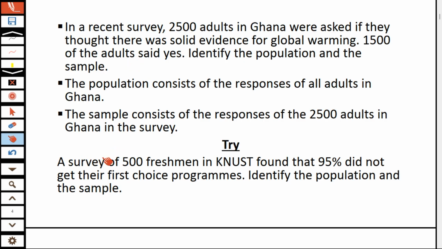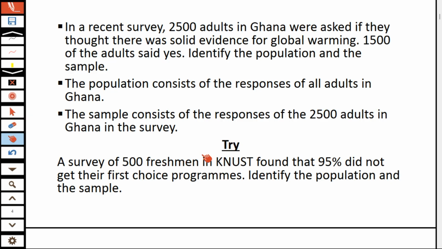It said a sample of 500 freshmen in Kenya University found that 95% did not get their first choice programs. Identify the population and the sample. So it's just a survey, and they selected 500 freshmen in Kenya University.